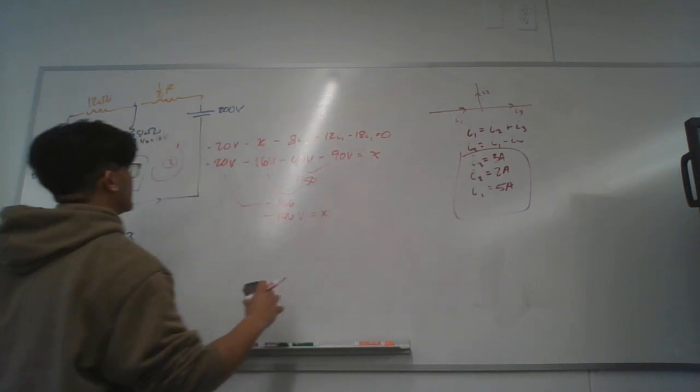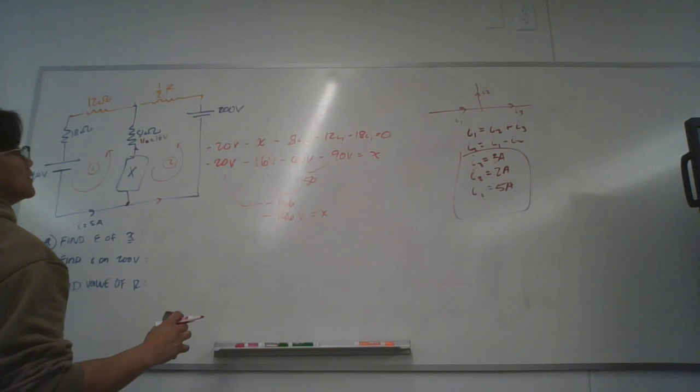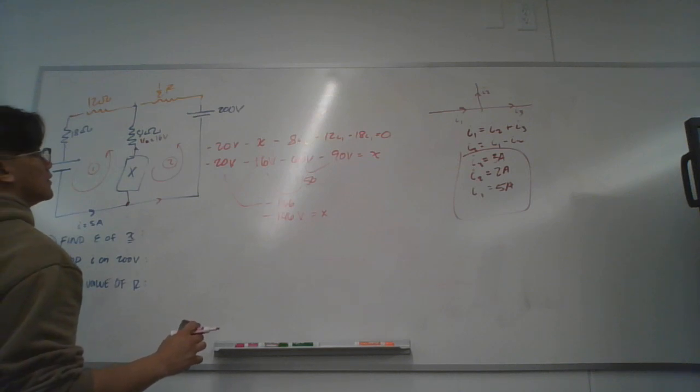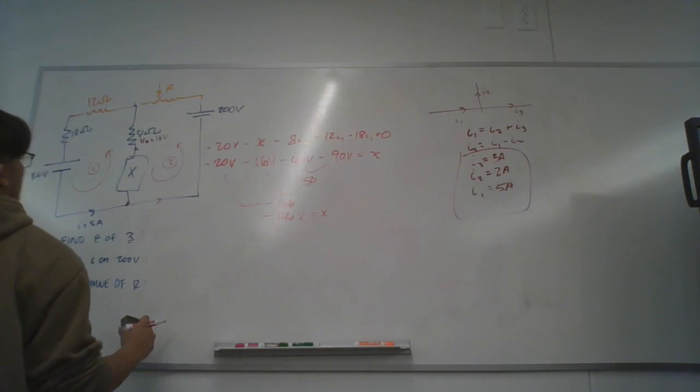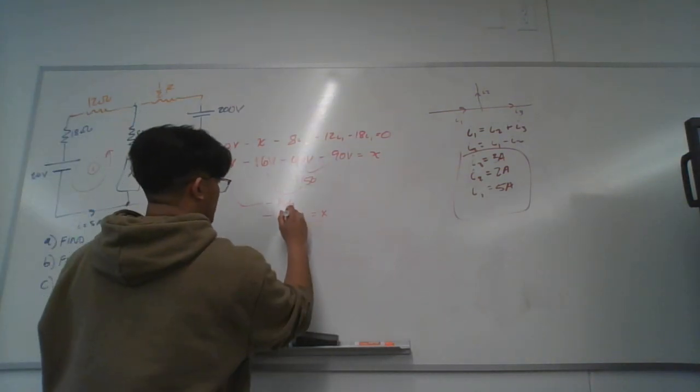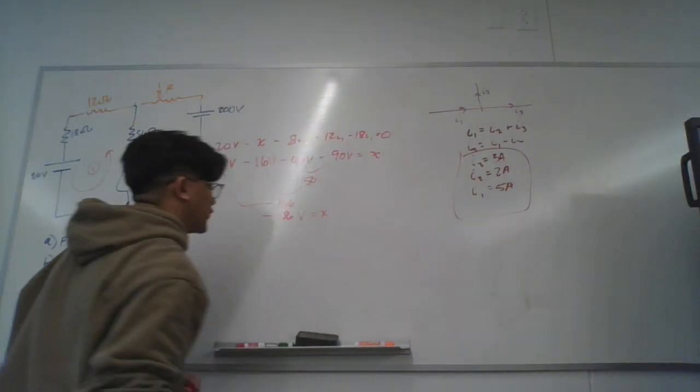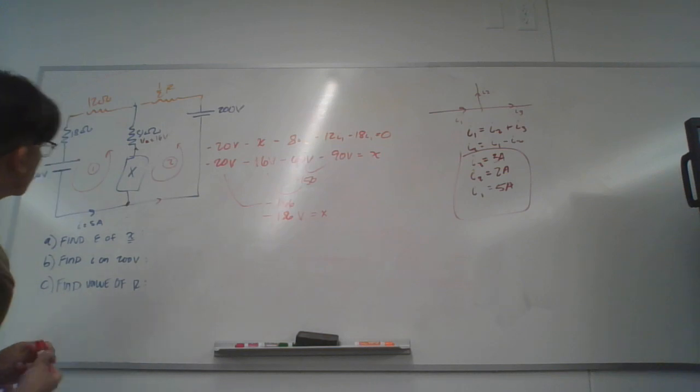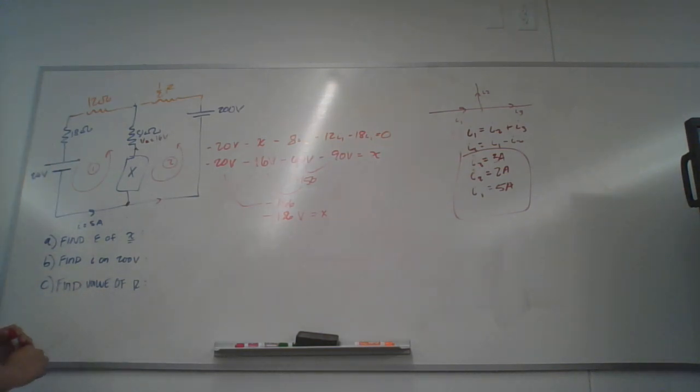That should be a negative. I think. Yeah. Okay. So this should be a negative. It should be 186. 186 volts. Sorry. Negative 186 volts. That means that it's going against the currents. So the EMF of X is going to be 186 volts.